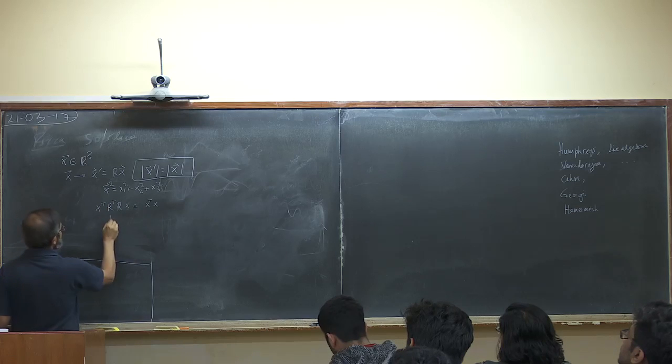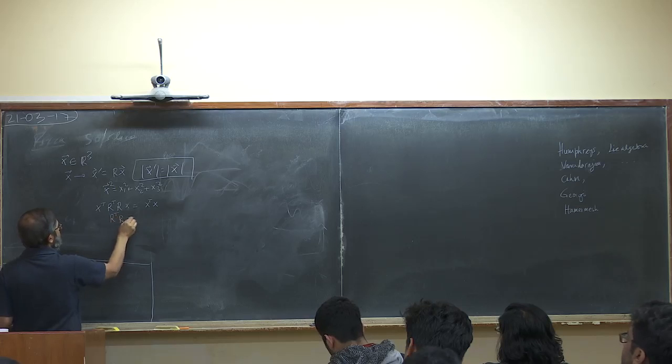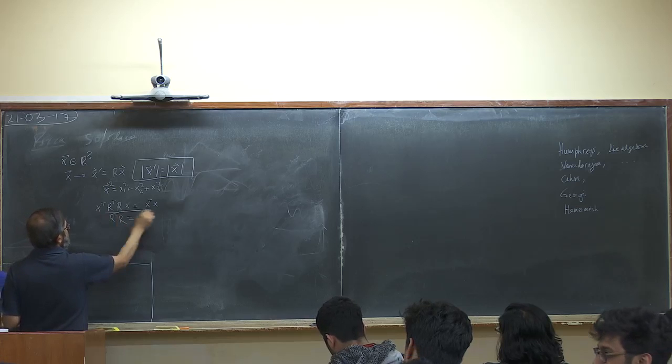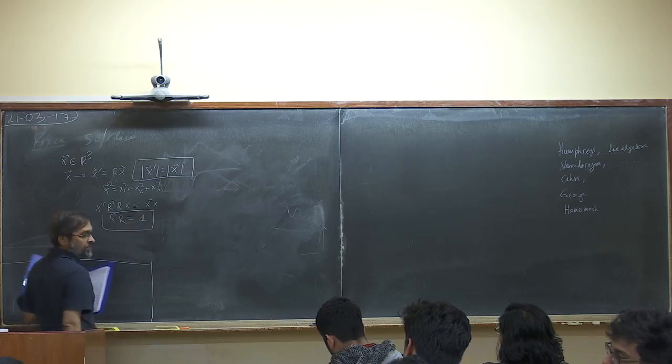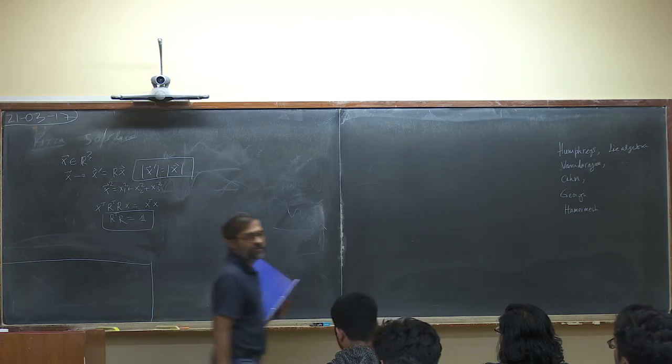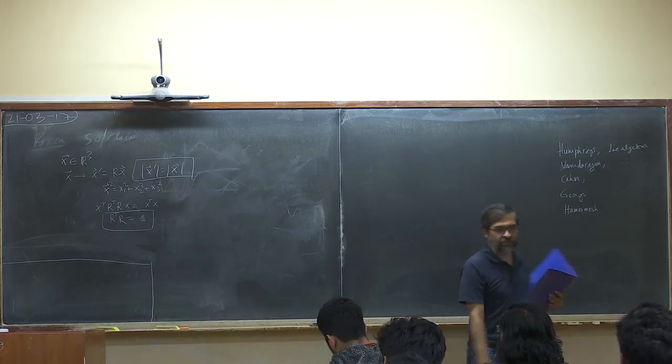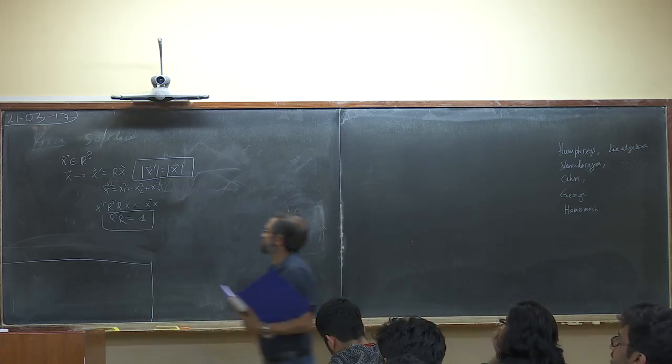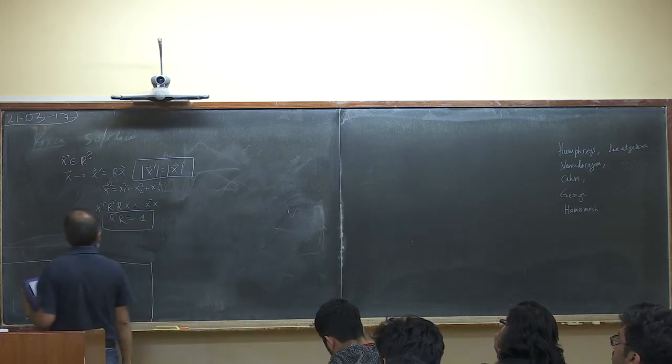Therefore, you must have R transpose R equal to identity. These are called orthogonal matrices.